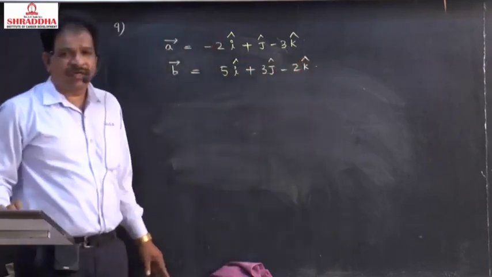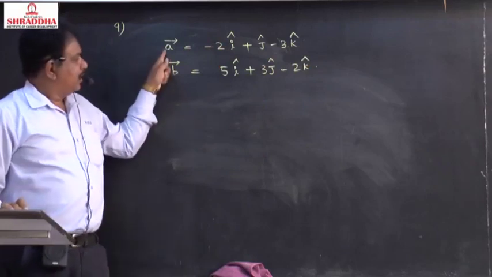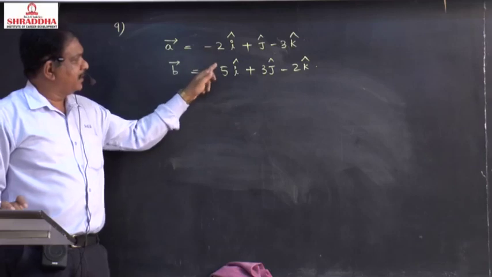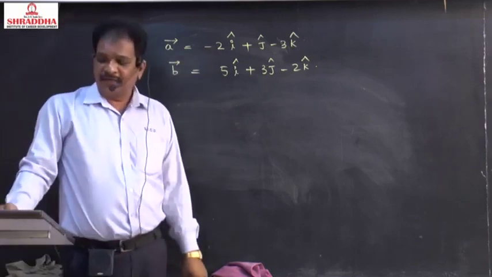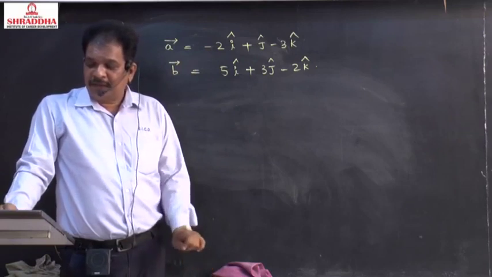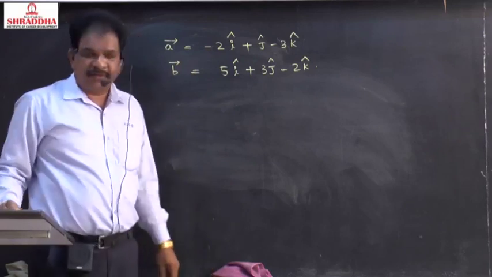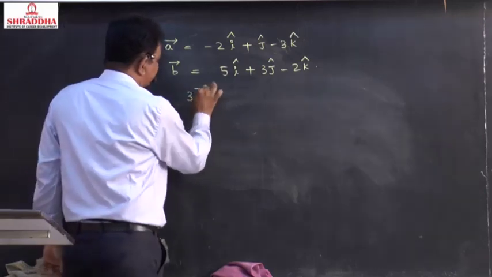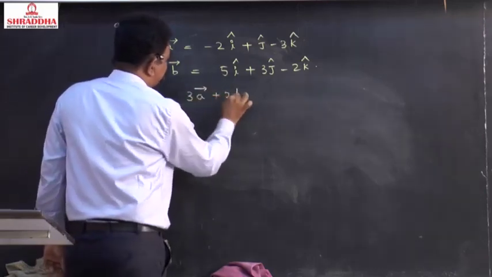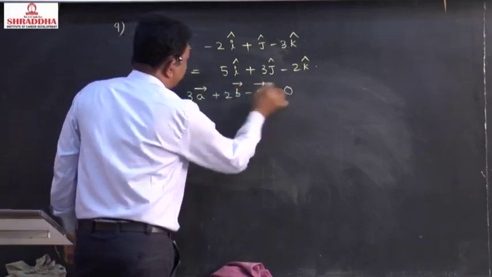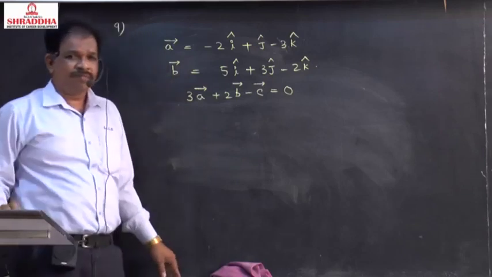This is vector B. A bar and B bar are the two vectors represented like this. Then what are they asking? 3A bar plus 2B bar minus C bar is equal to 0.